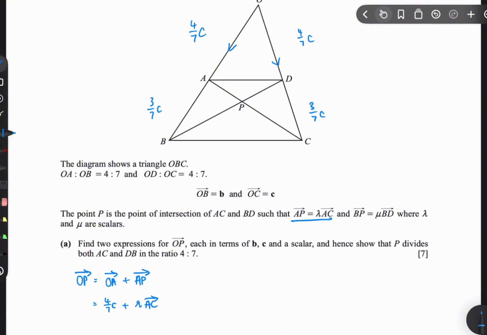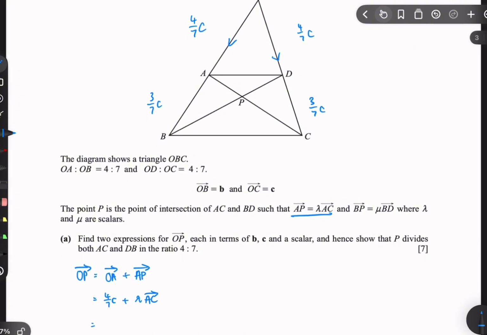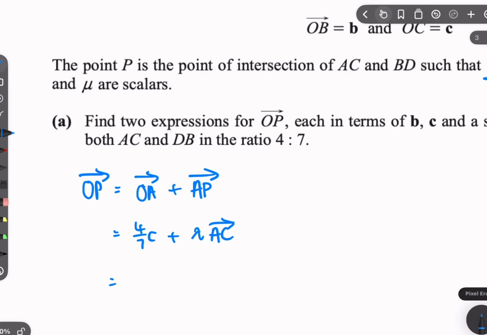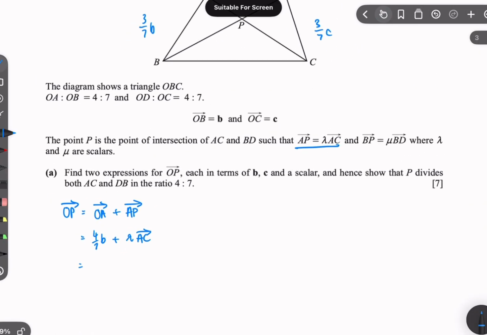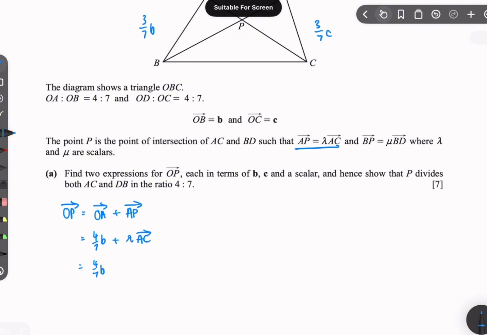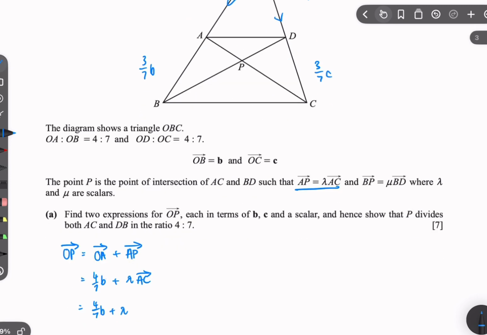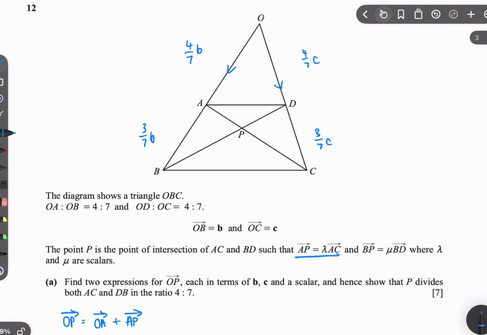To find AC, wait, sorry, I just realized this should be B. Okay, to find AC, we can go AB plus BC or OC minus OA.